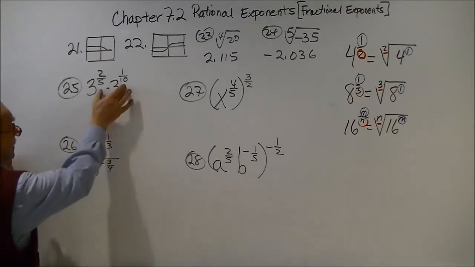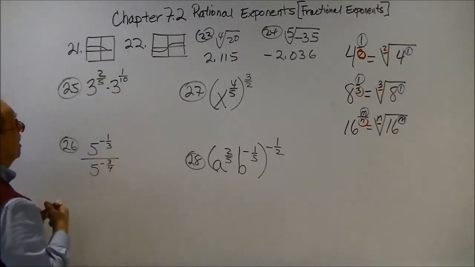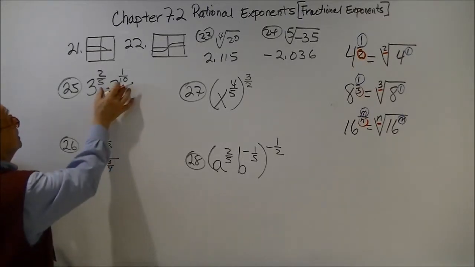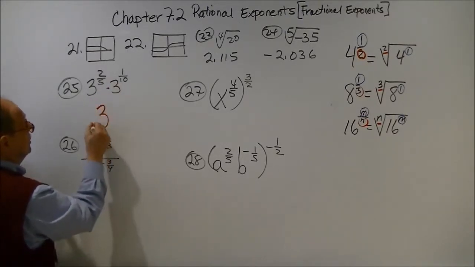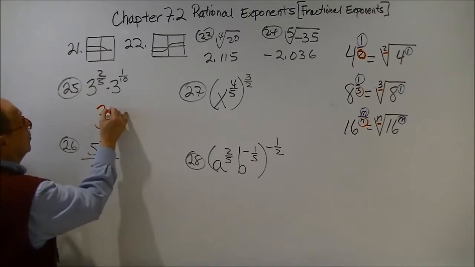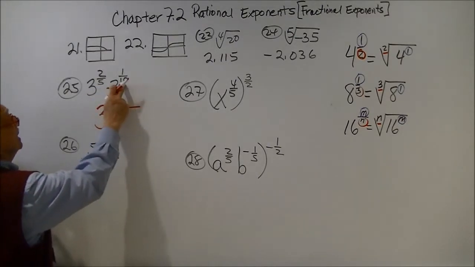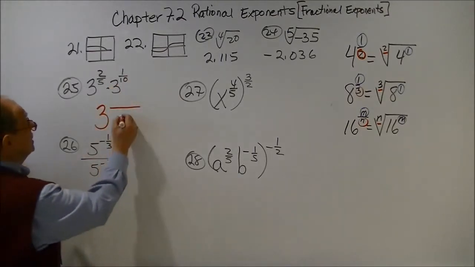And in order to add these fractions, we must have a common denominator. So here's the strategy I would suggest. You're going to put your 3 there, and what will your common denominator be between a 5 and a 10? And the answer is 10.